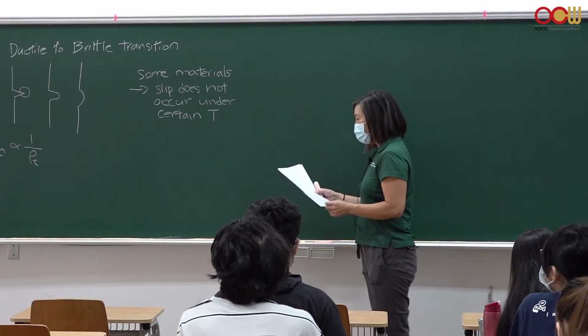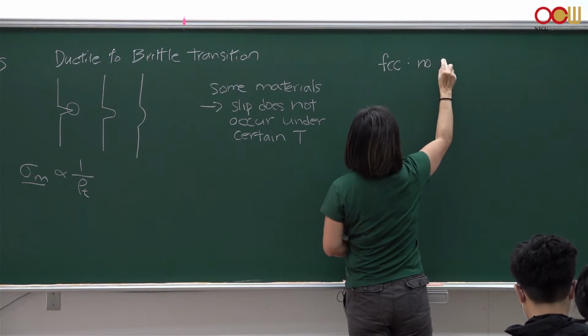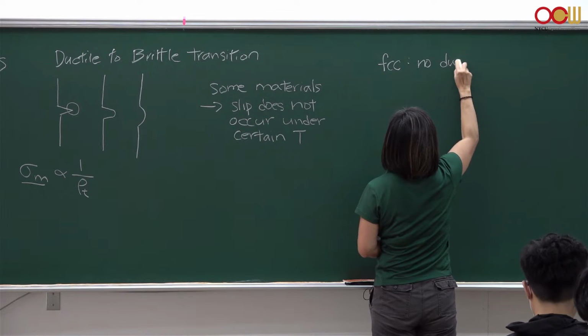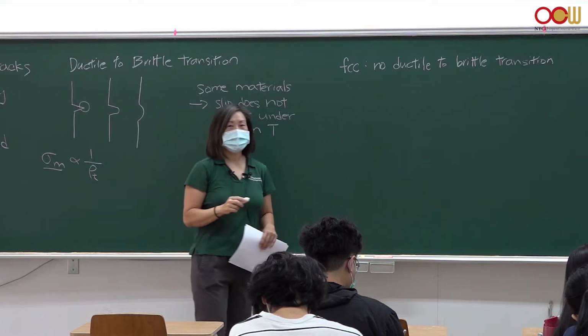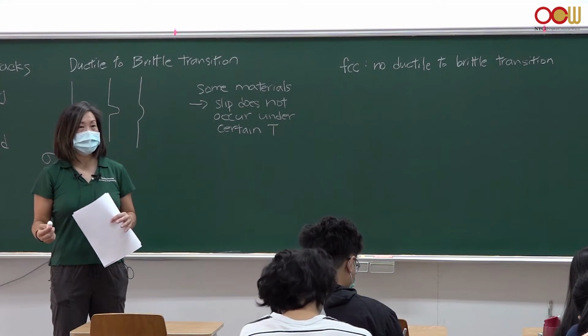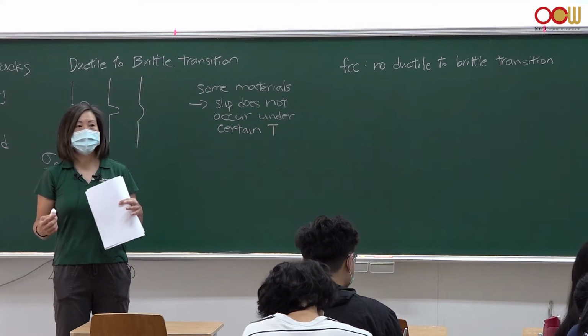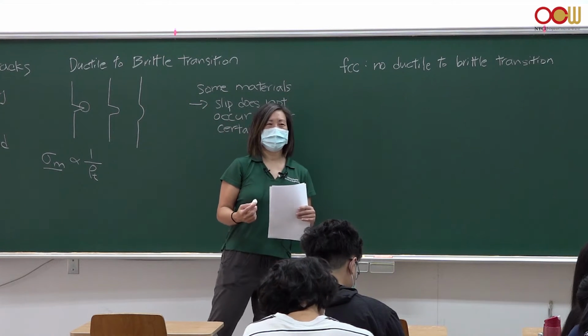Okay, so why would that happen? Well, in an FCC, there is no ductile to brittle transition. So if you have a metal that is an FCC structure, you don't have to worry about the ductile to brittle transition. Any guesses why that might be?